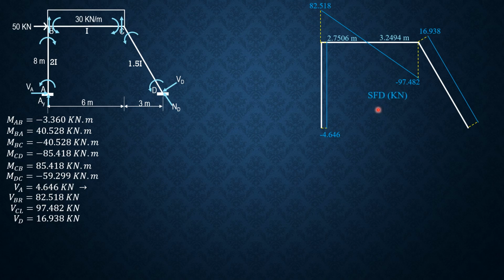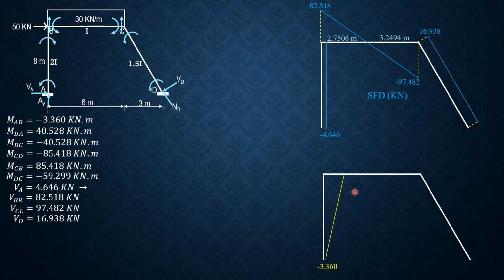For the bending moment diagram, moment AB is negative since this is the top fiber. So we have negative 3.36. Then minus the area, 4.646 times 8.